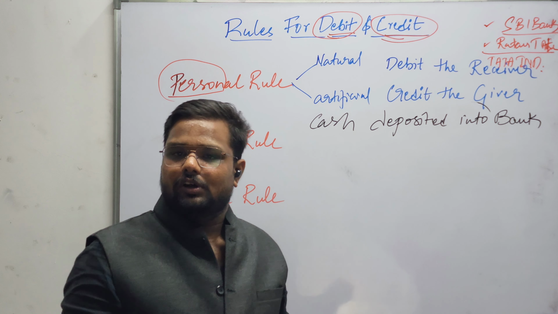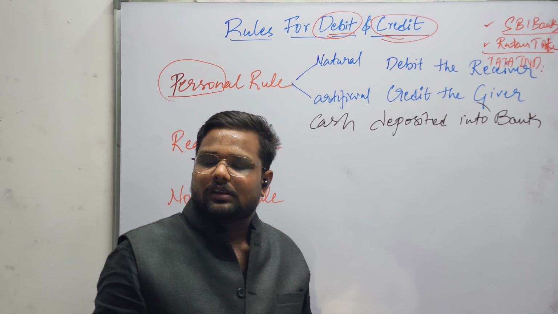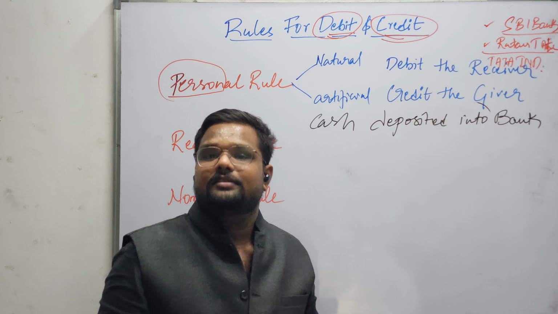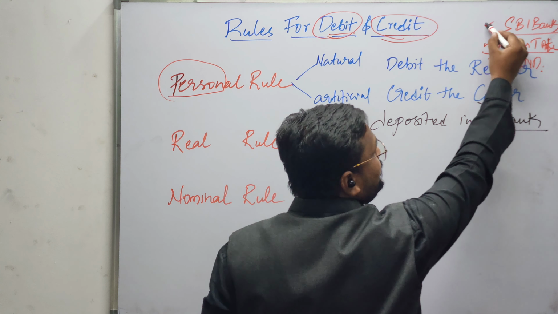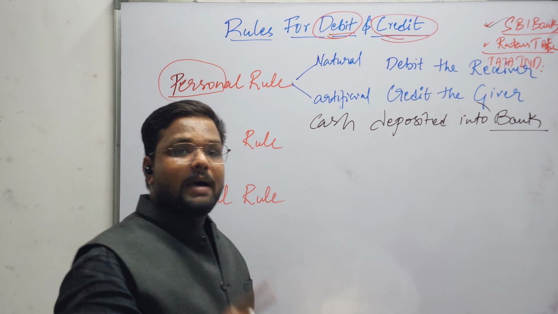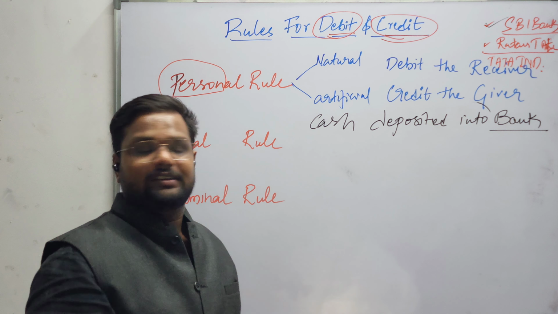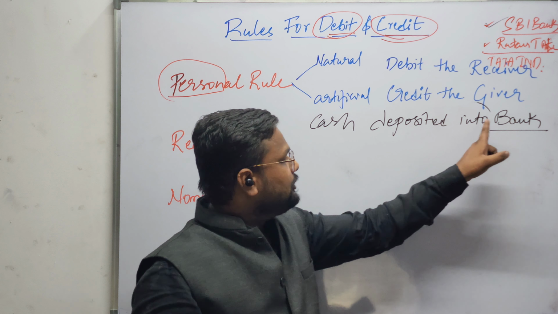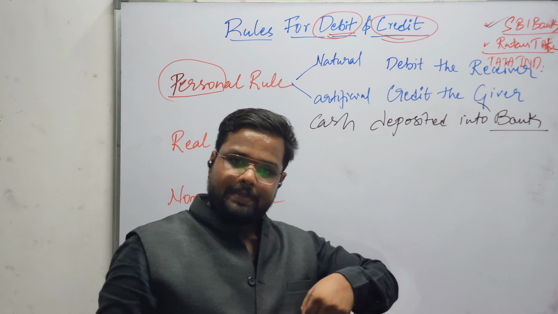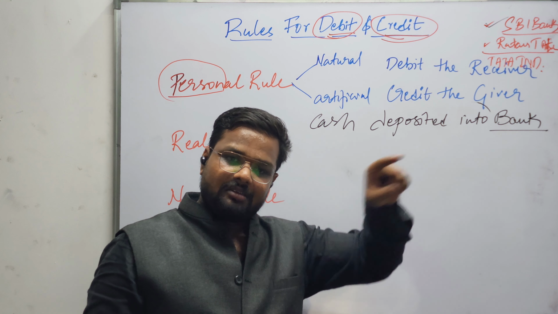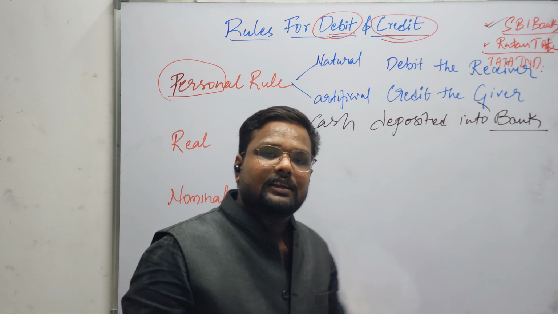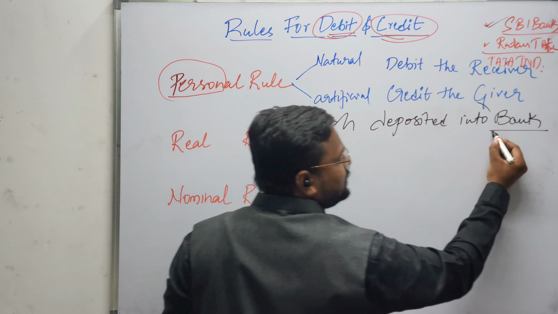Simply you are saying, sir, no person is involved. No, a person is involved. That is bank. I told you, SBI bank. Bank is an artificial person. Now you are depositing into bank, right? आपका पैसा आप लेके जाके बैंक में जमा कर रहे हैं. You are giving, bank is receiving. So bank को क्या करना है?